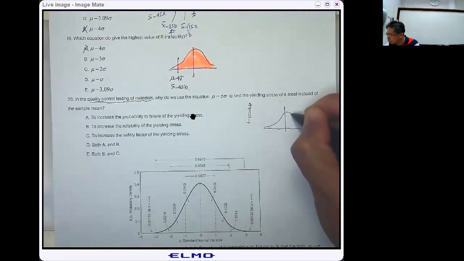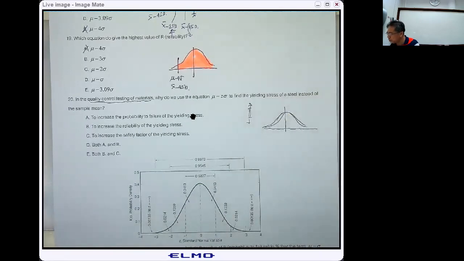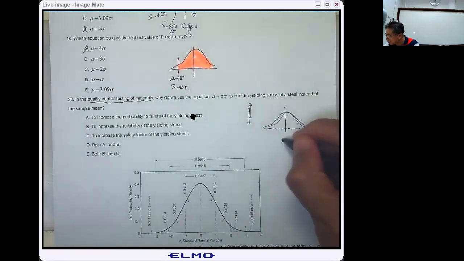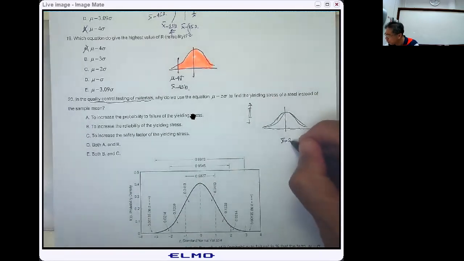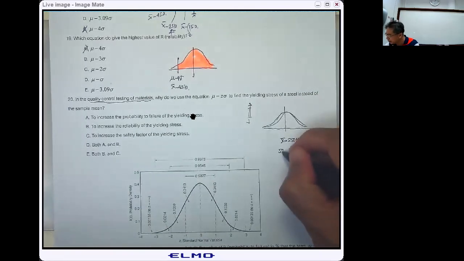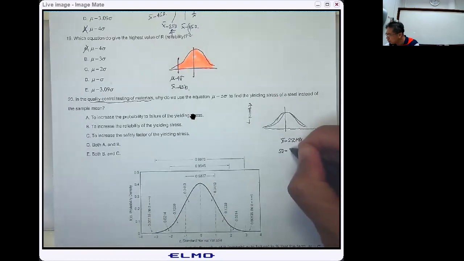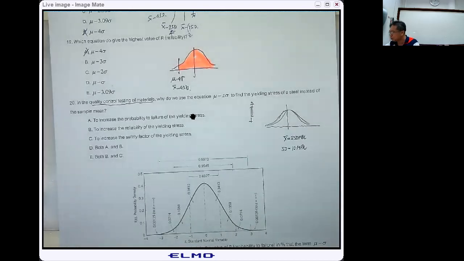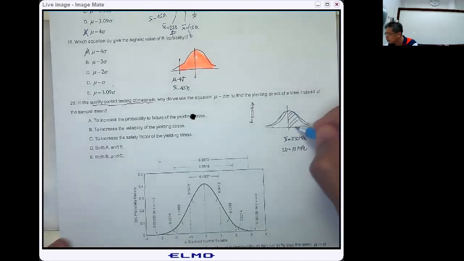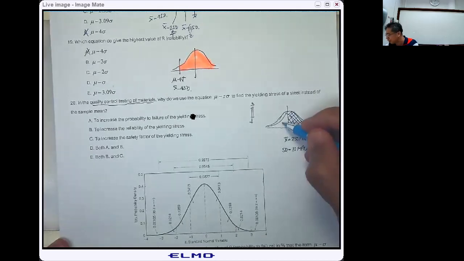If you test your steel and you get this normal distribution with a mean yielding stress of 250 megapascal and an SD of 10 megapascal, when you use the mean to represent this, half of the samples are going to be reliable, another half will not be reliable.